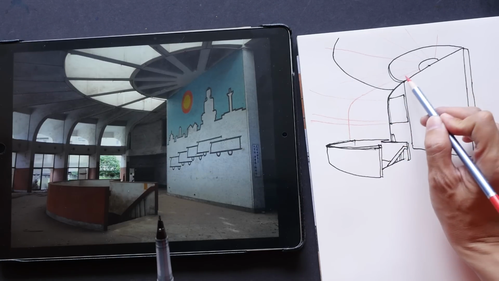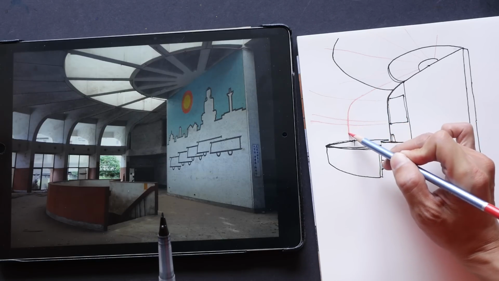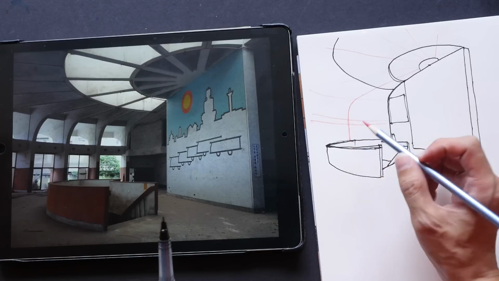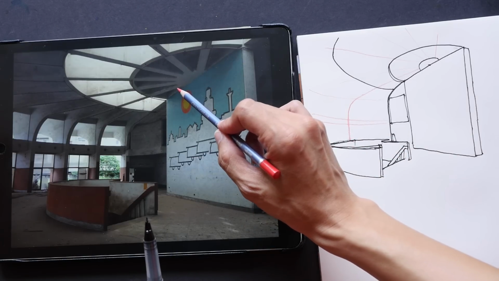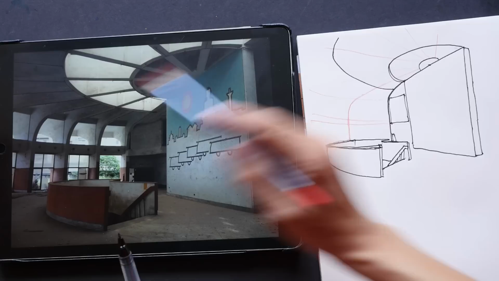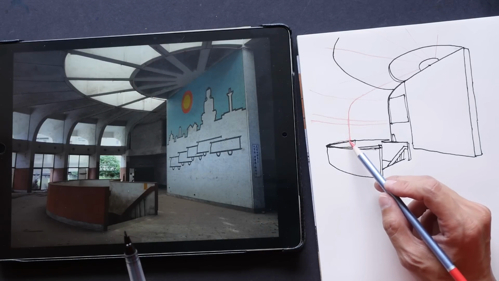So you see here, when I move my line from here down to curve down to become the vertical wall, it intersects this part here at this point. And if we move from this line here down to this point, it intersects here. So this is quite close, but it's not accurate.